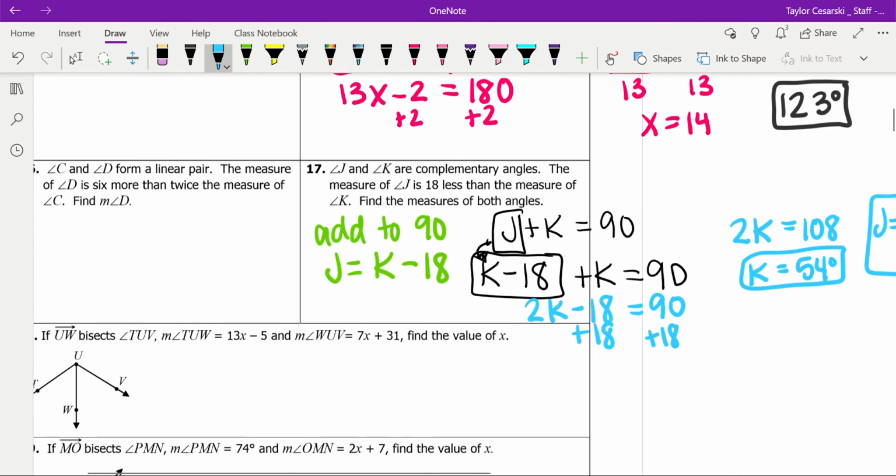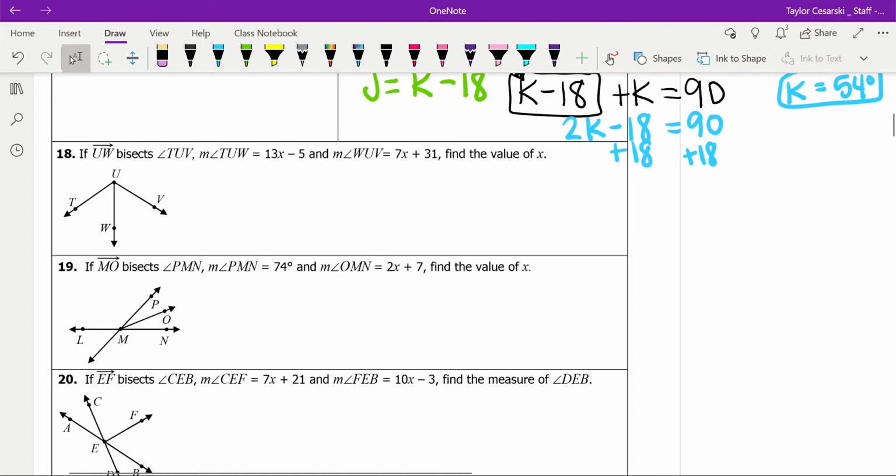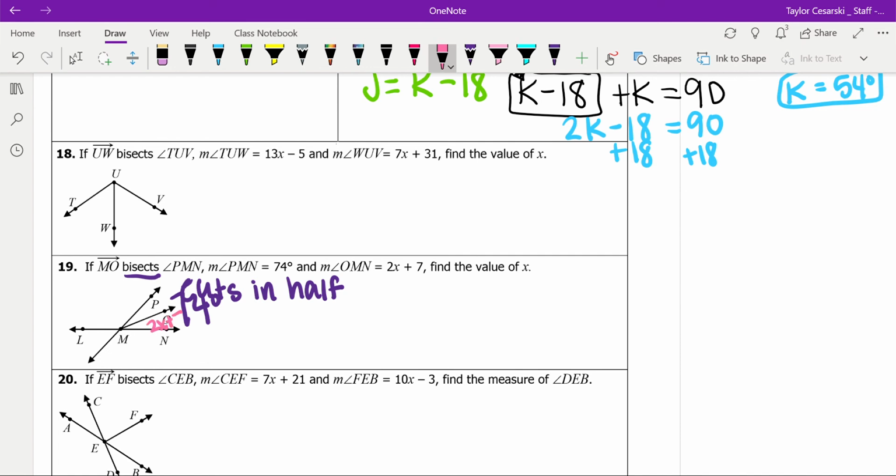All right, last one, number 19. It says MO bisects PMN. The word bisects means cuts in half. So the big angle is 74 degrees. And then it says OMN is 2x plus 7.